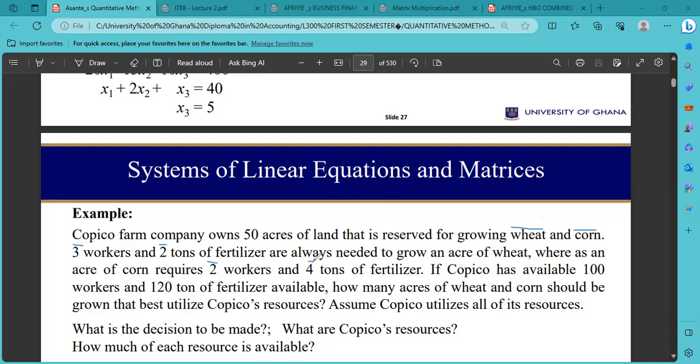What do you think are the resources? I think 50, 100, and 120. Am I right? Yeah, all right. So basically, how many equations will we be getting? 3. Uh-huh. So you see, if you're able to understand this, you are able to formulate your answer.